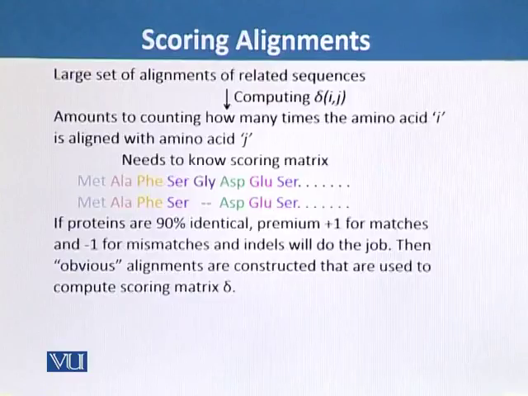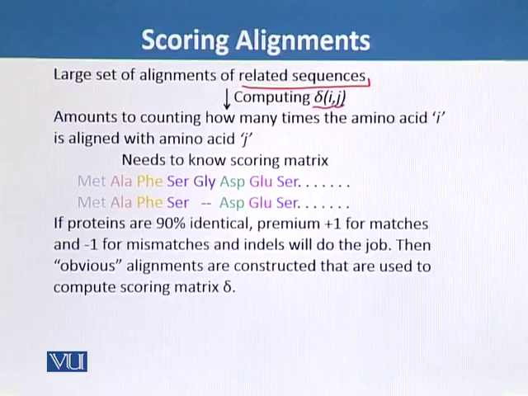If we have a large set of alignments of related sequences, then computing delta(i,j) simply amounts to counting how many times the amino acid i is aligned with the amino acid j. The amino acid i is from one string and amino acid j is from the other string.